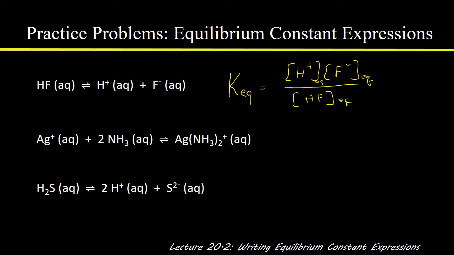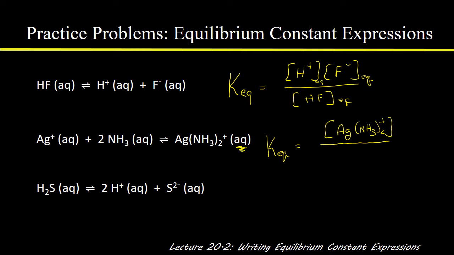Okay, for the second one, the product in this case looks a little bit unusual. This is a silver amine complex. Silver and ammonia with a net positive charge. But you can see here that's a dissolved species, so we'll just put that in brackets.